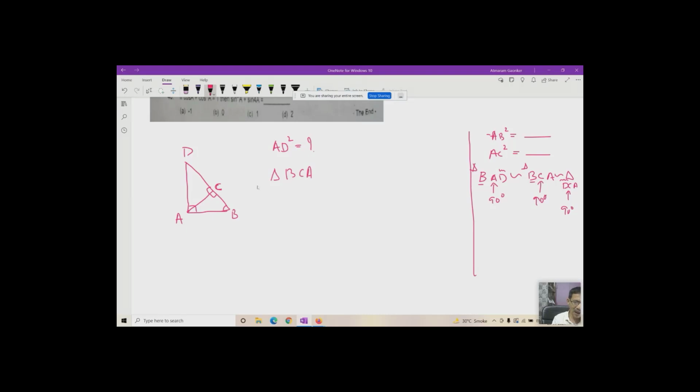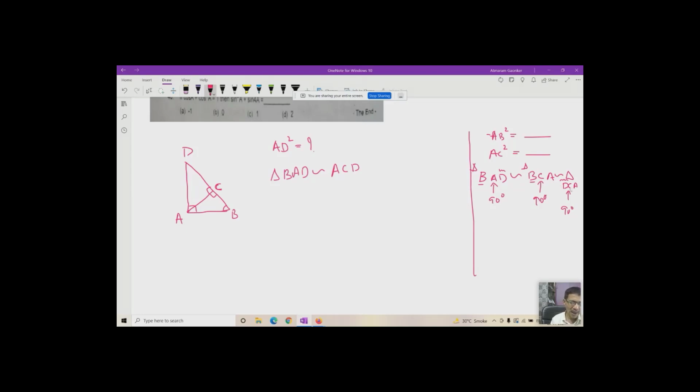We'll take these triangles. One is BAD, the whole triangle, and the second triangle is ACD. And why we have taken these two triangles is because you see here BAD and ACD.